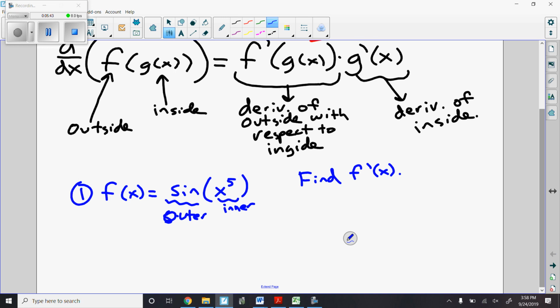If I wanted to write this as a composition of two functions, let's say g and h, I could say, so we do g of h of x. You don't have to do this every time. I'm just going to kind of relate it back to right up here in this area. So h of x now is representing my inner function. H of x here would be x to the fifth.